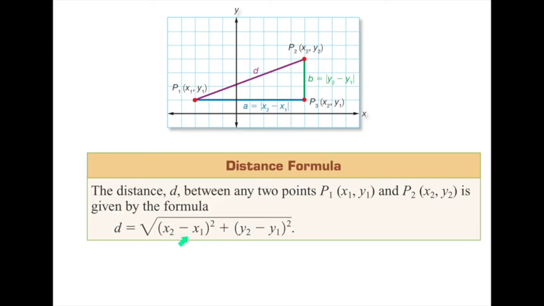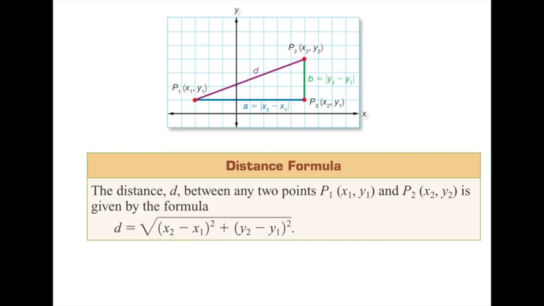They subtract their x's and square it, a squared, plus they subtract their y's and square it, b squared, and that equals c squared. Since we're finding c and not c squared, in any Pythagorean theorem formula where you were finding the hypotenuse, you had to take the square root at the end. And so that is where the distance formula comes from. The distance is the square root of your x's subtracted and squared plus your y's subtracted and squared.